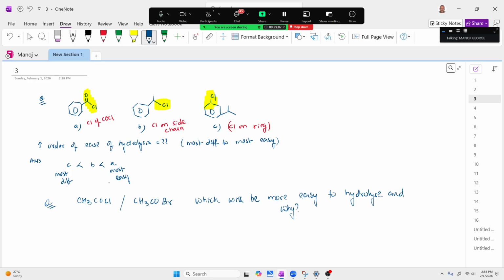Any idea? This is ethanoyl chloride, and this is ethanoyl bromide. You can write your answers in the chat. Who will lose the halogen more easily?